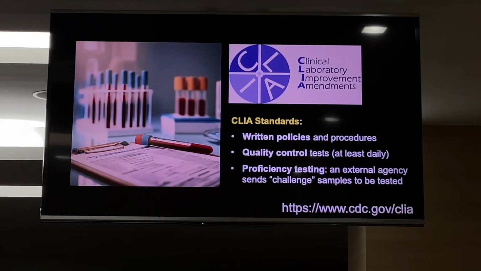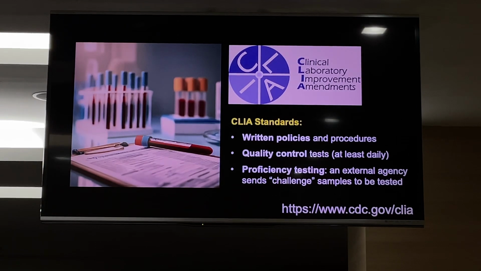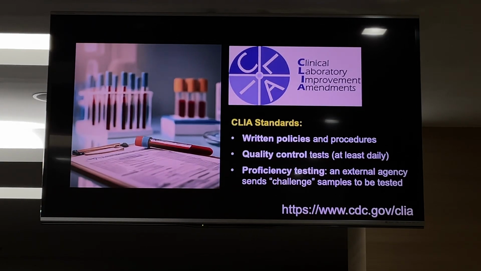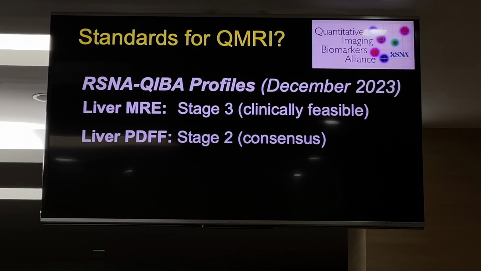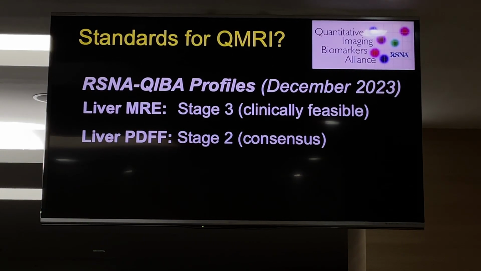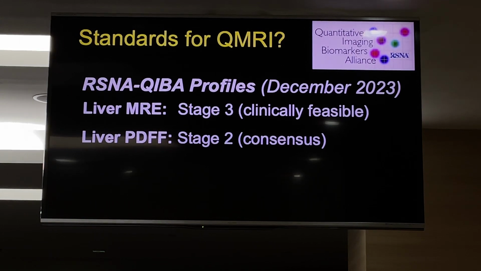We have nothing like this in the context of MRI, but I would argue that we probably should have something like this. What we do have is some initial attempts like the RSNA QIBA profiles, so these two are relevant to this discussion as of December 2023.